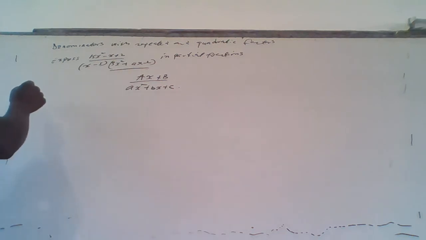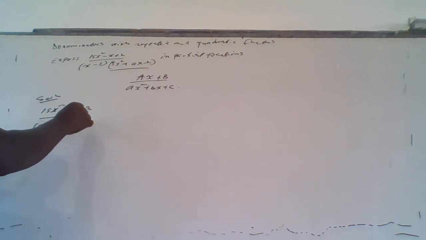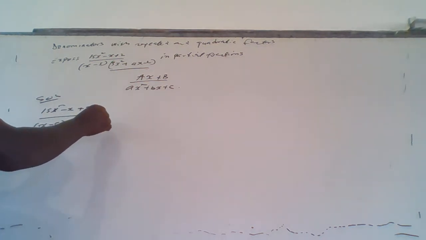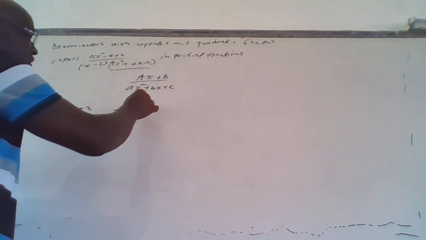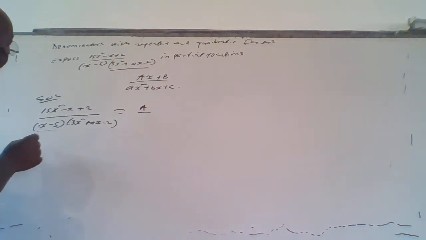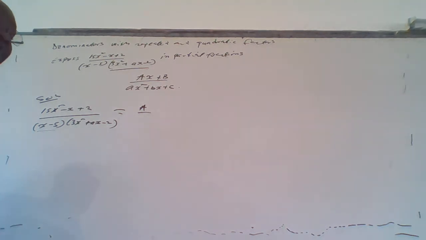Now, 15x squared minus x plus 2 over (x minus 5)(3x squared plus 4x minus 2). This one is a linear factor. Remember, every linear factor will always give rise to a single partial fraction.